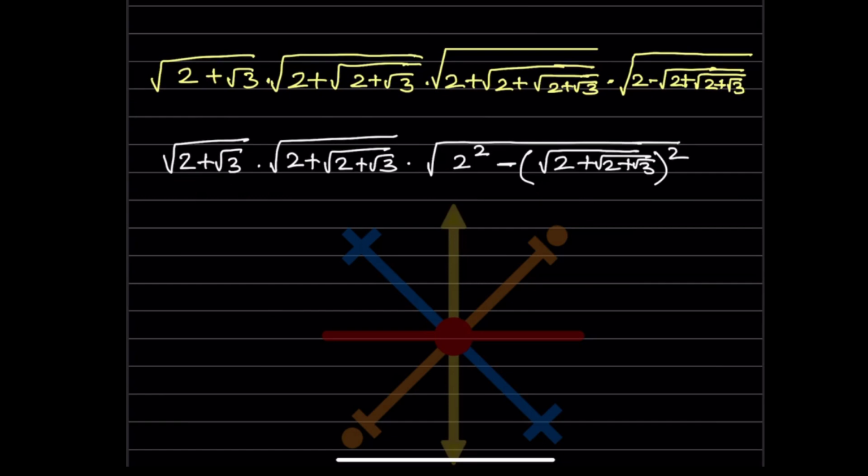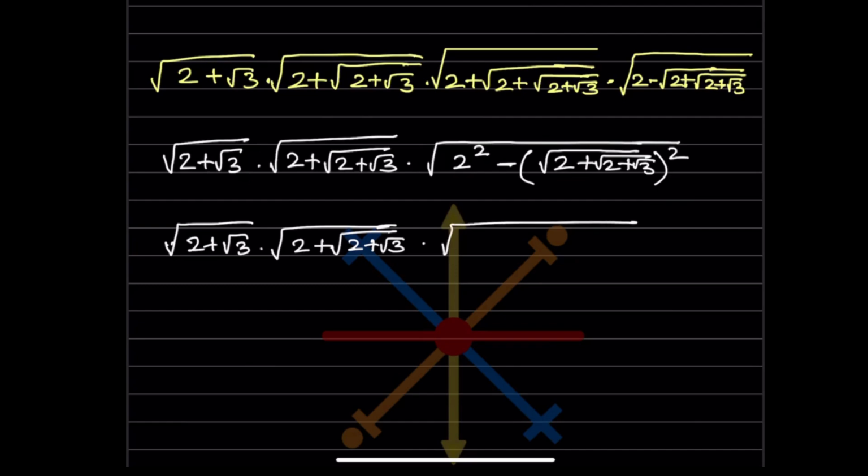So now let us solve again. We'll keep these two terms, this and this the same. Now this we can write as 2 square is going to be 4. And now look at here. This is the root and this is the square of it.